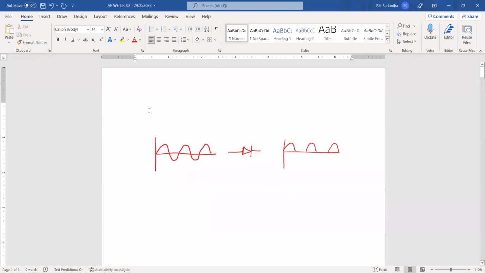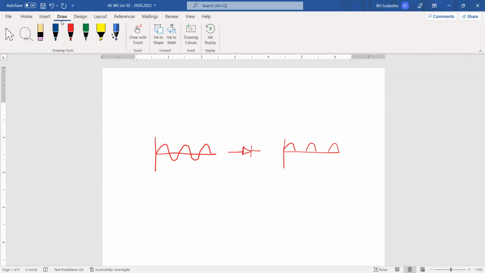You can see here we have applied this one. This is AC voltage. Why? We have all positive cycles and negative cycles, but the resultant has only positive. Here the voltage is going across the zero line.